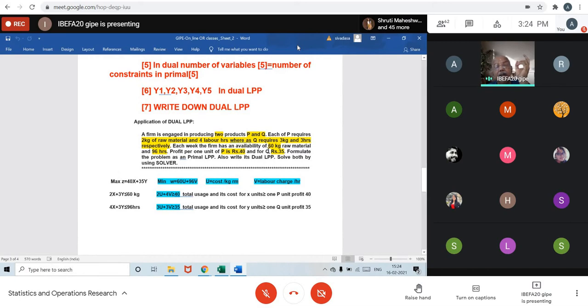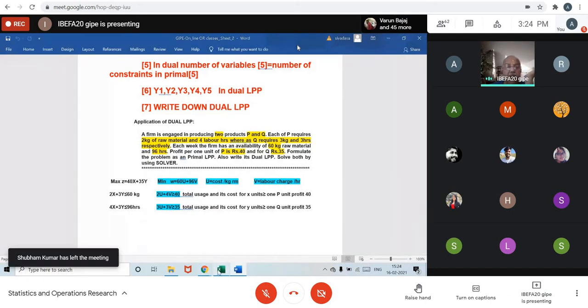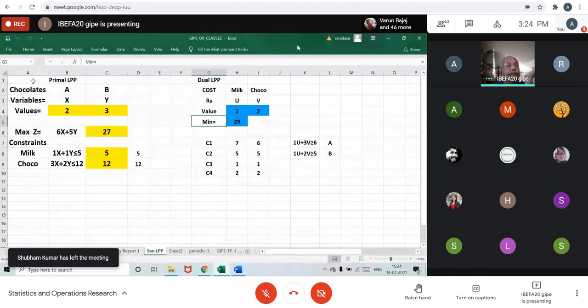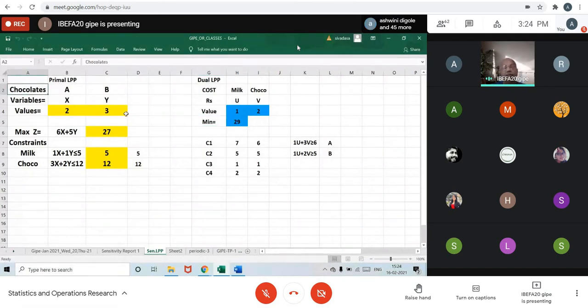Profits are 40 and 35. Formulate the problem as a primal LPP. Also write the dual and solve it. So, my original problem primarily is, to save time, I am overwriting on this only.